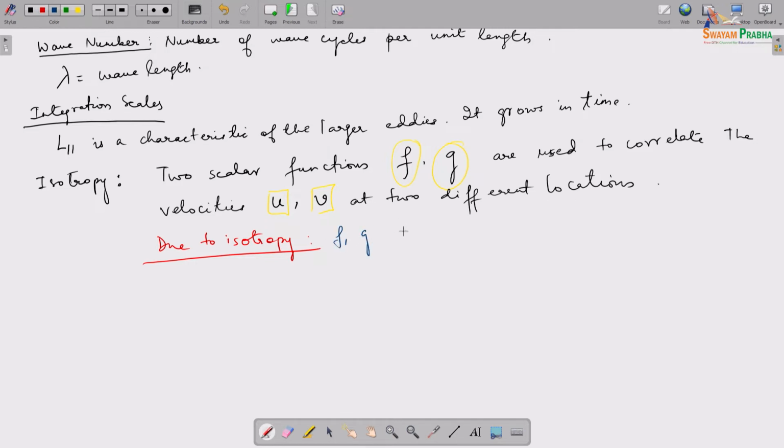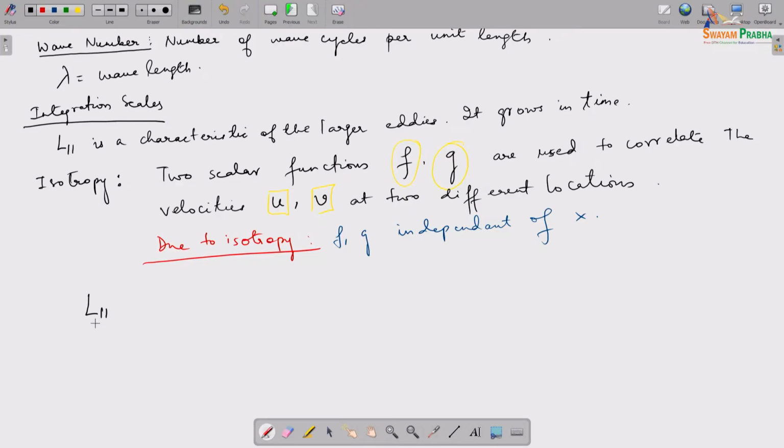So essentially what I am saying is we have two scalar functions to connect the u component of velocity and the v component of velocity at two different locations, and due to isotropy, this is independent of x.